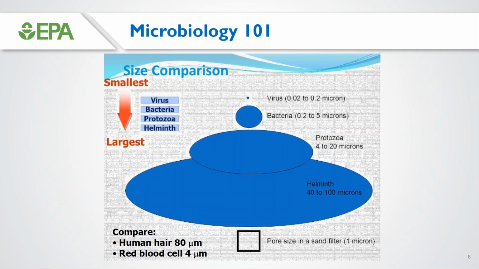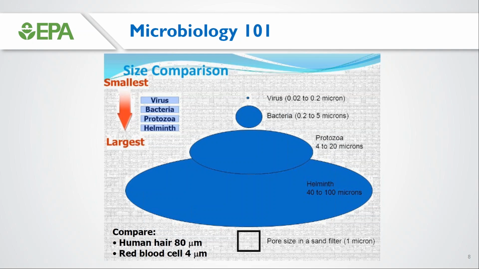On this slide, I just want to give you a little bit of a comparison of what we're talking about size-wise with these organisms. These are very minute, teeny tiny organisms. Viruses are the smallest particle that I'm going to be discussing, followed by bacteria.